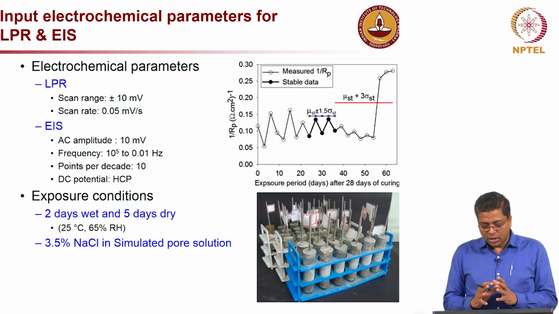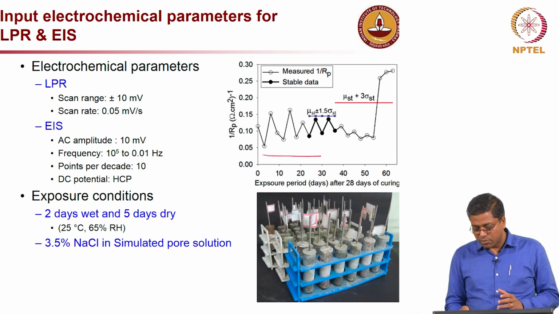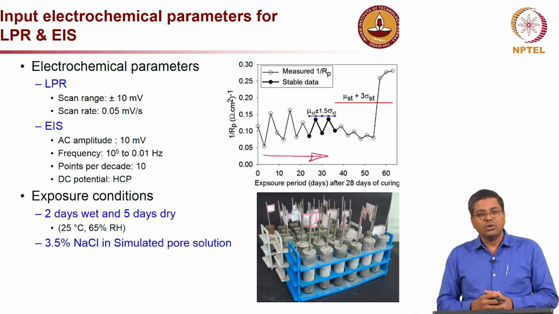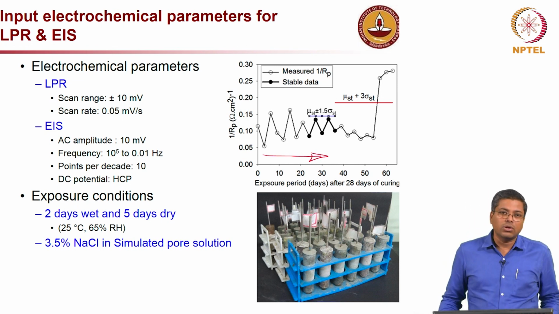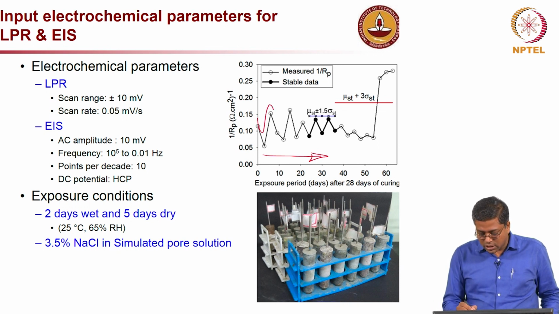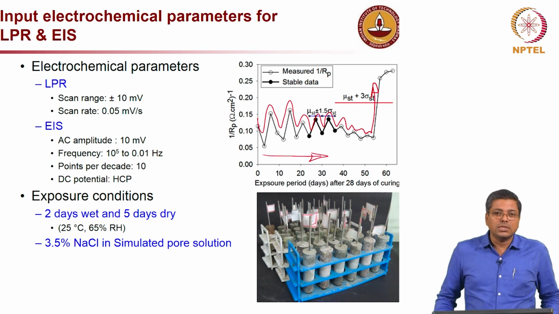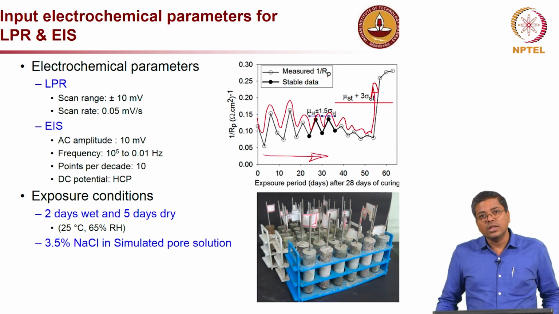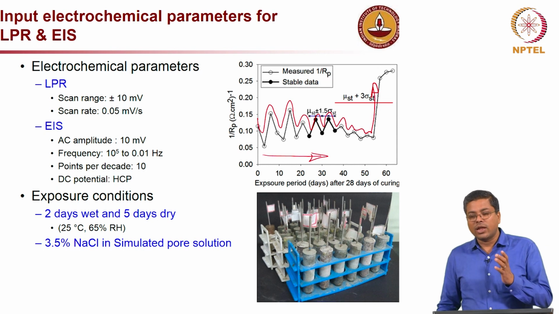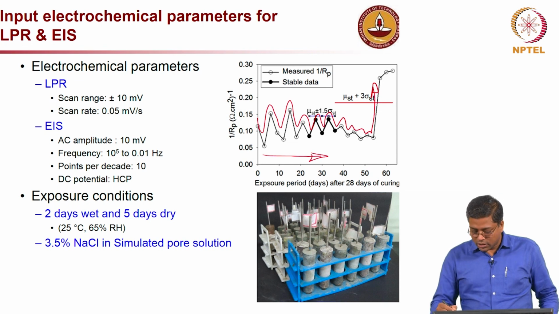But whatever be the case, the bottom line principle of this test method is that you expose the specimen to chlorides through wetting and drying, and the chloride concentration at the steel surface keeps on increasing incrementally. Correspondingly you measure the corrosion rate at every cycle, and find at one point there is a significant, or statistically significant, increase in the corrosion rate, and that is the time when the passive state changes to the active state of corrosion.